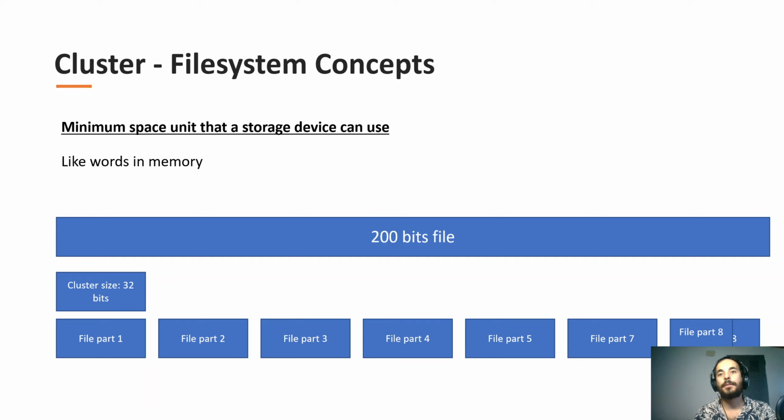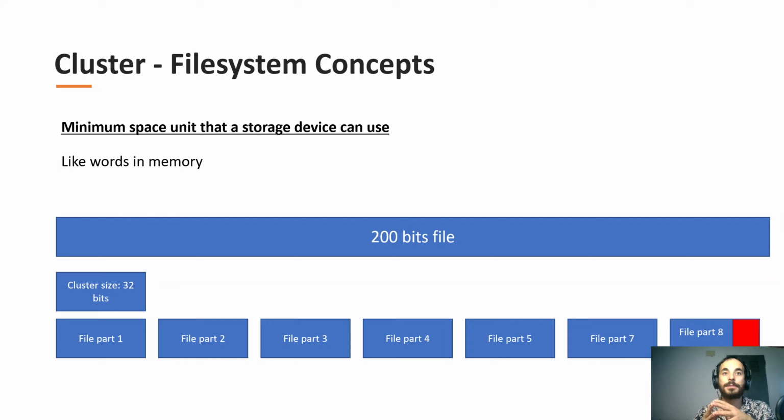You're going to have a smaller final part of the file that is going to leave an empty space. The red space is an empty space. So the bigger your cluster size is, the more likely it is that you have empty spaces in the parts of the files that are being stored.